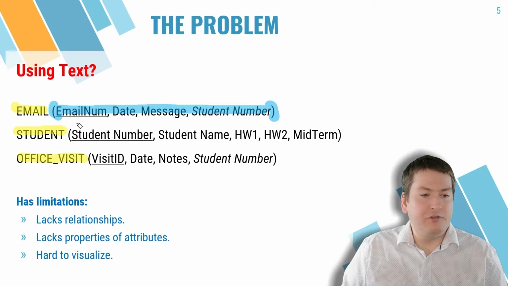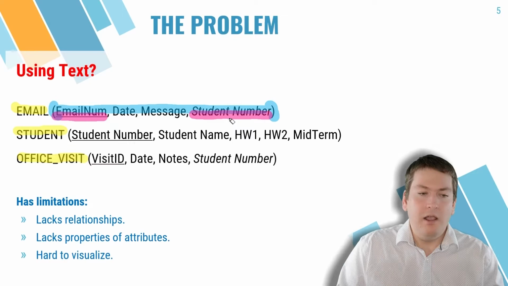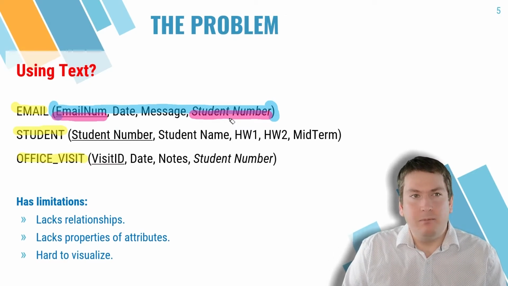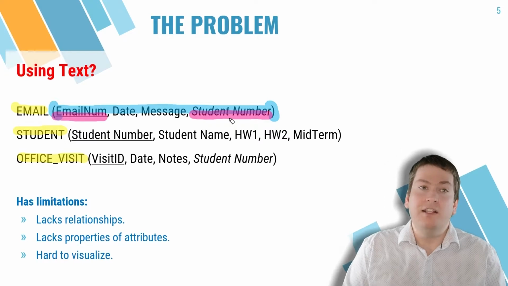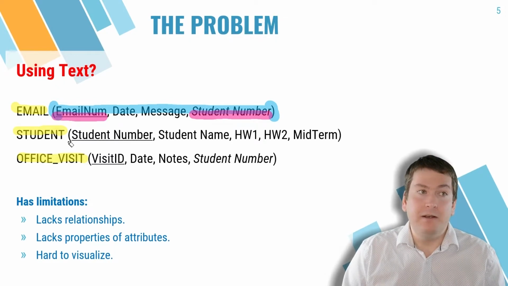Then we have a few special notations for things like primary key, by underlining them, and student number in italics, which might be a little bit hard to see here, for foreign keys. So that's an okay way of representing them, but it does have some limitations. First, it lacks relationships. We don't really know how the email and student tables are related, and we don't really know how student and office visit are related.